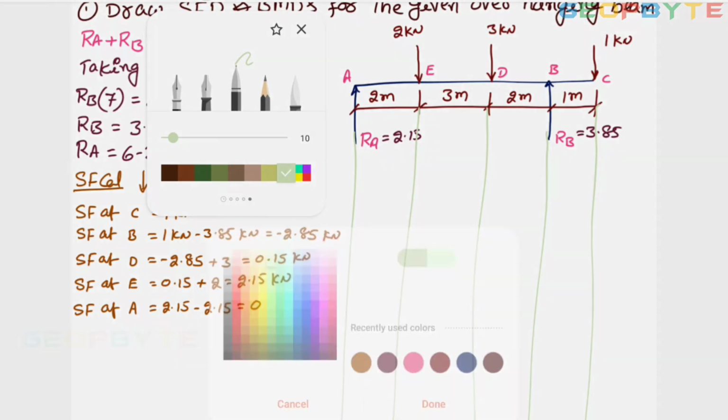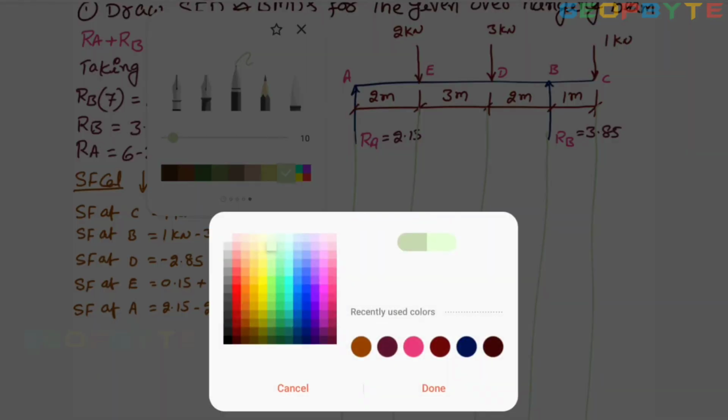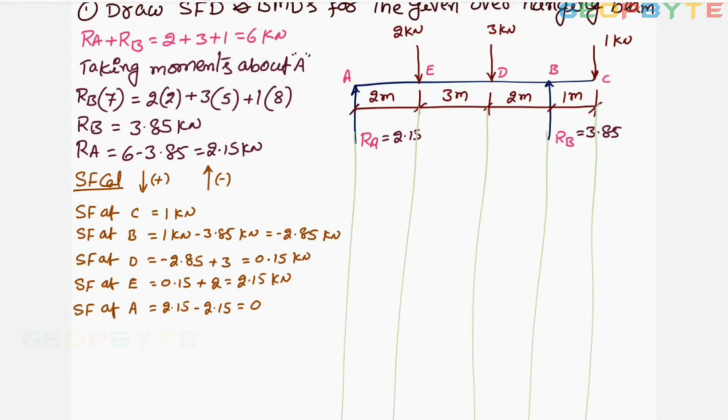Now let us draw the reference line, with positive and negative sides. The points are A, B. At the supporting point I have taken B. Just marking only, it's not compulsory. B, C, D, and E.